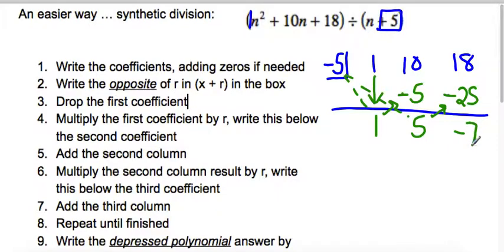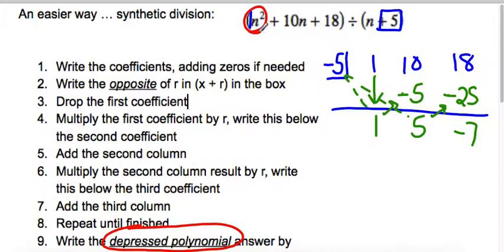These numbers down here in green, 1, 5, -7, that's your answer, kind of. We call that the depressed polynomial. So we started with an n cubed. Our answer is going to be depressed. It's going to be 1 degree less than what we started with. So we started with the n squared. Our answer is going to be n.